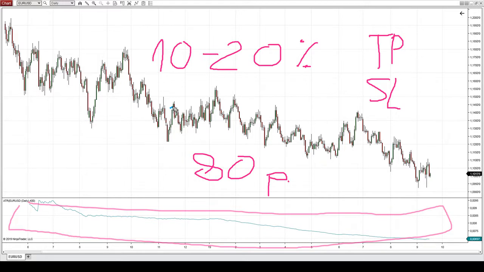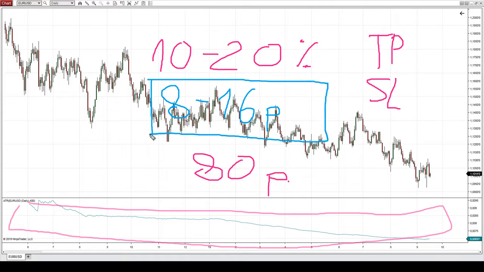So you want to be trading with 8 pip take profit and 8 pip stop loss. If we want to use the 20%, 16 pip. All right, so this should be the range for your fixed take profit and stop loss. All right, that's the ideal range for that.